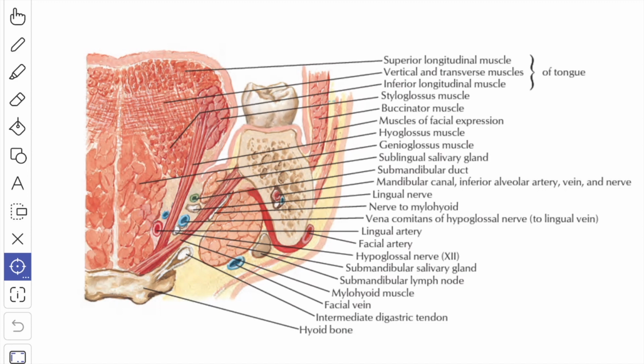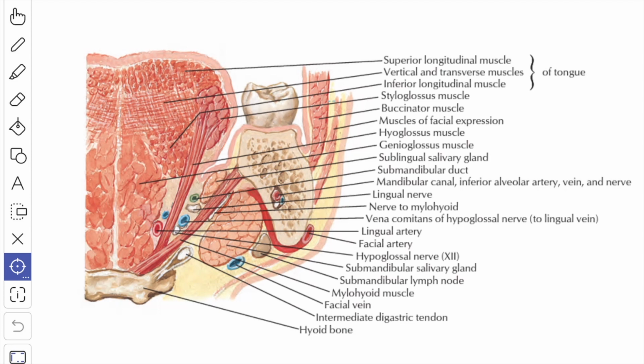Each muscle arises from the lamina propria of the dorsum of the tongue, passes downward through the fibers of the genioglossus muscle and then curves laterally for the insertion into the sides of the tongue. It increases the width of the tongue and makes the dorsal surface concave from side to side.